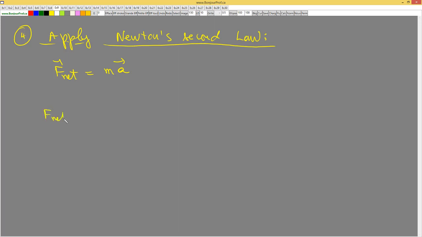The force net horizontal equals mass times acceleration horizontal, and we have the force net vertical equals the mass times acceleration vertical.